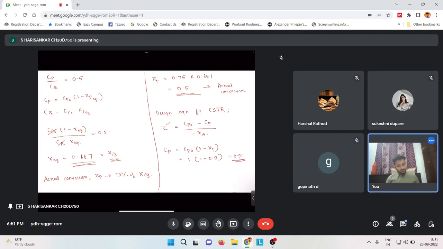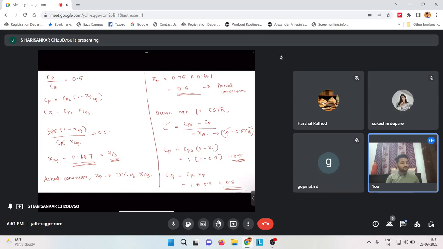Then Ra is given as Cp minus 0.5 Cq. So we just found the value for Cp. Now we need to find Cq. So Cq will be Cp0 into Xp, and that is again 1 into 0.5, which is 0.5. Okay.